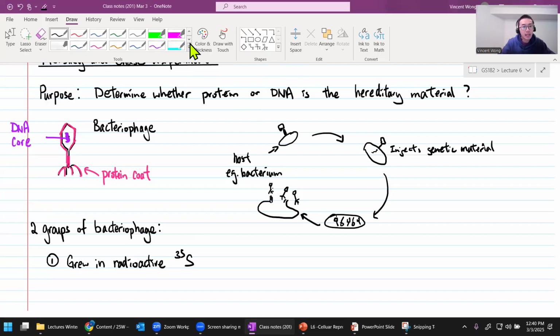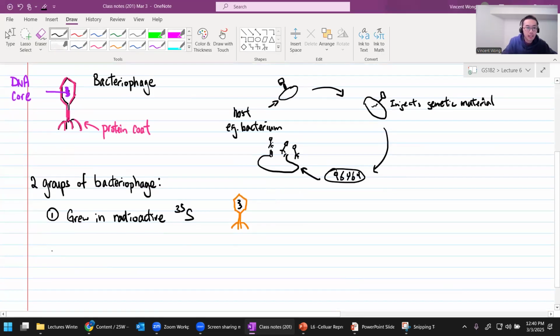The DNA or the protein? That's right. Protein is going to be radioactive because proteins, as you know, contain traces of sulfur, right? So this batch of bacteriophage is going to have a radioactive coat. The DNA will be inside and it would not be radioactive.